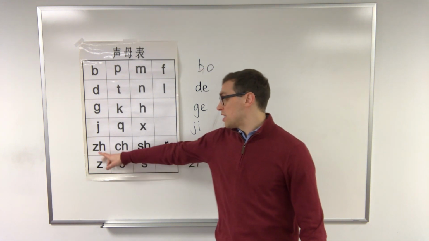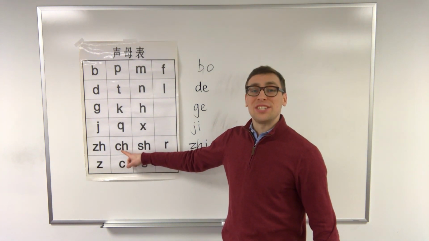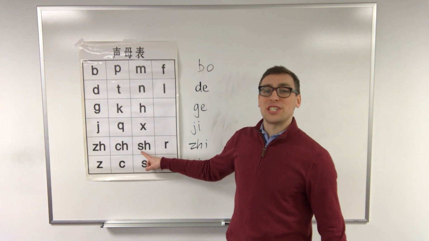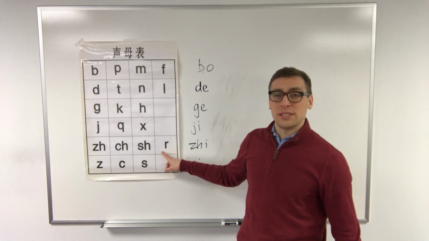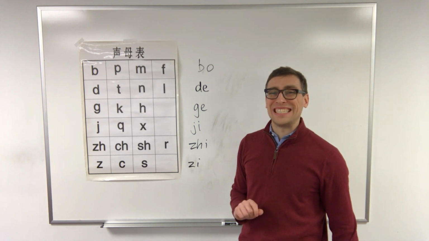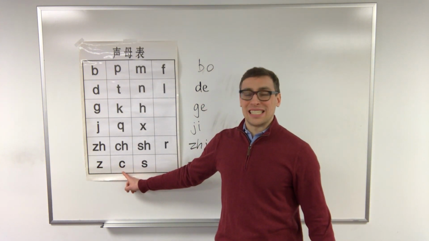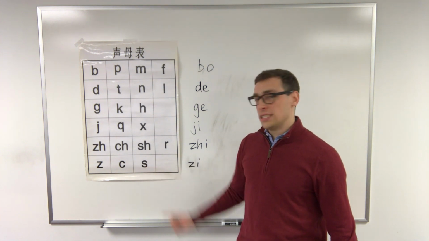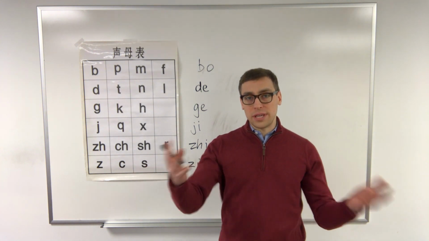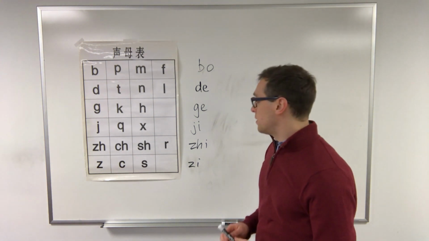Now the retroflex. Zhi, chi, shi, ri. 好, finally we have the I. Z, c, s. And those are the initials in Pinyin.